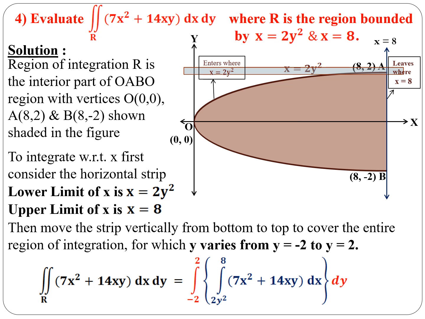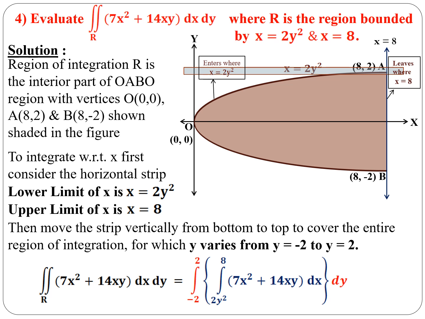So that is your limit of y, -2 to +2. So in your integration, the limits will be 2y² to 8 for 7x² + 14xy dx. The x limits are 2y² to 8, then on the outer side it is dy, and the y limit is -2 to +2.